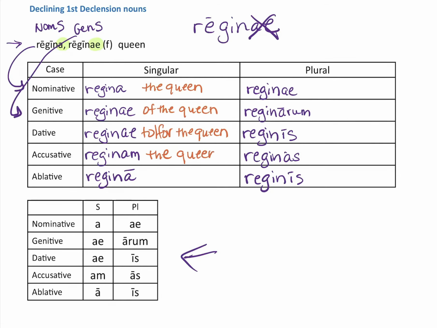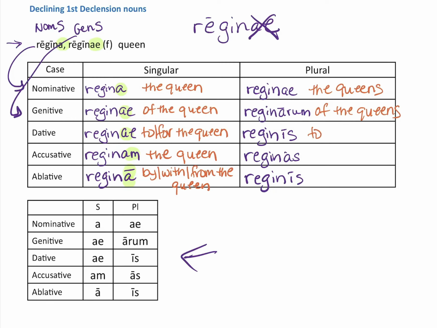So remember, all the different endings tell us what the noun's job is, which is what makes Latin grammar so easy, because it tells you what it is. Now for plural, same English word, except that you have to make it plural. That would be of the queens.